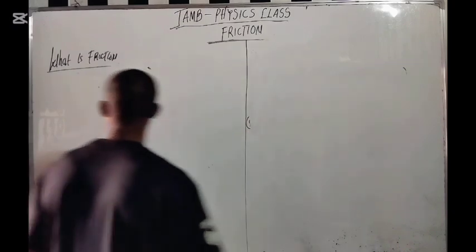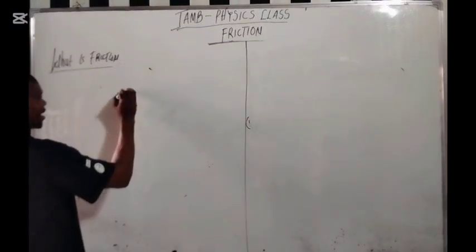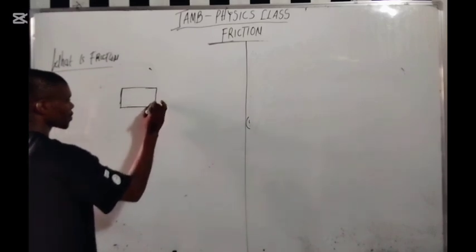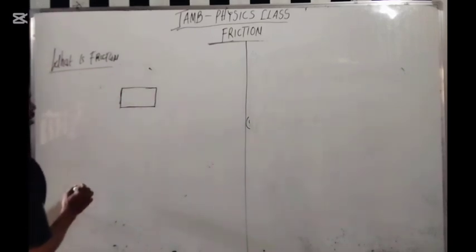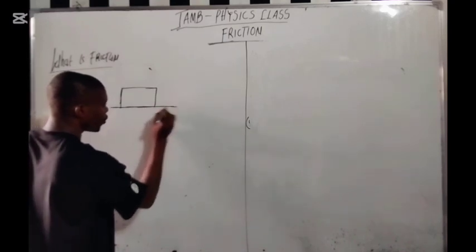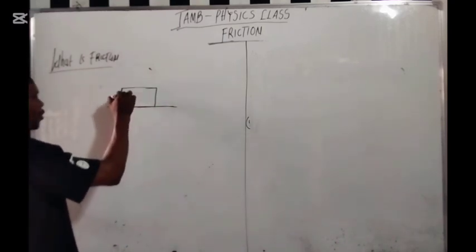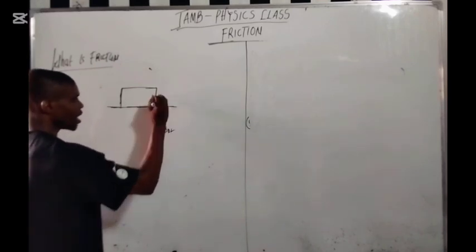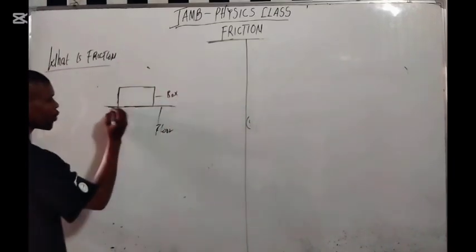Let me give you an example. Here we have a bus, and this is the floor. The bus is in contact with the floor. Two of them are in contact.